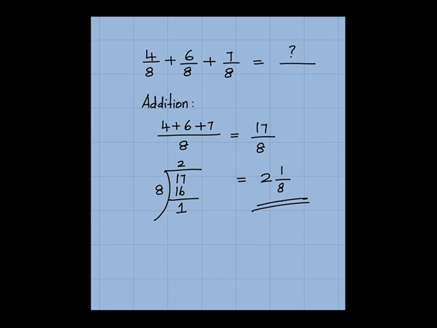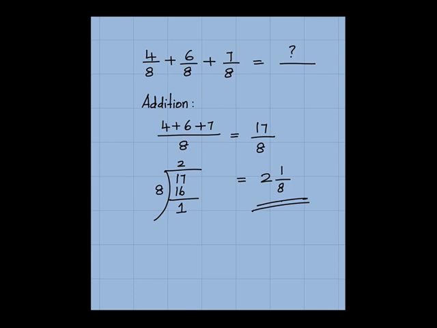How do we get this? If you see here in 17, there are two 8s in 17. Two 8s become 16, and there is one more to reach 17. So that is how we get 2 and 1/8. You can see this in a division when you divide 17 by the number 8. 17 is the dividend and 8 is the divisor.